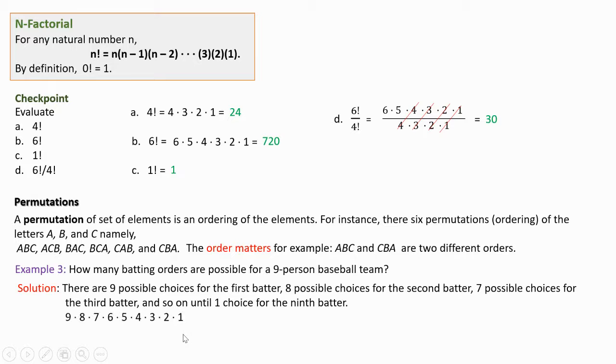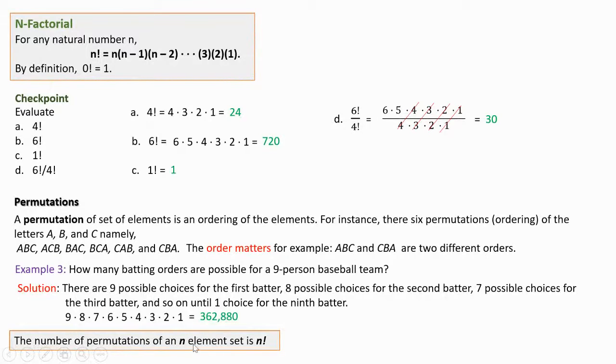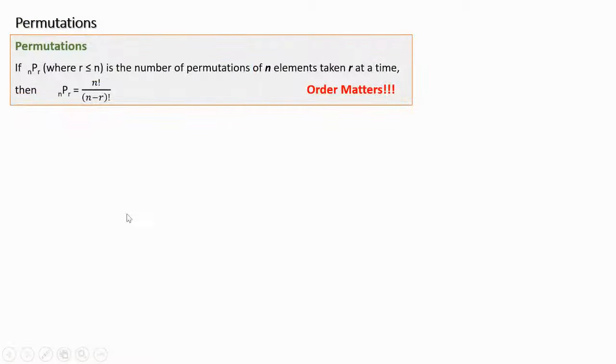So it's going to be factorial. 9 times 8 times 7 times 6 times 5 times 4 times 3 times 2 times 1, which is 362,880. Or the number of permutations of an n element set is n factorial, or it can be 9 factorial, which would be the same thing, because 9 factorial means 9 times 8 times 7, and so forth. So that's crucial to know about factorial.